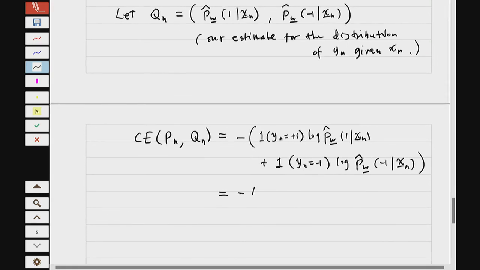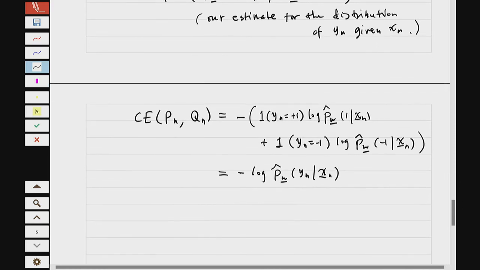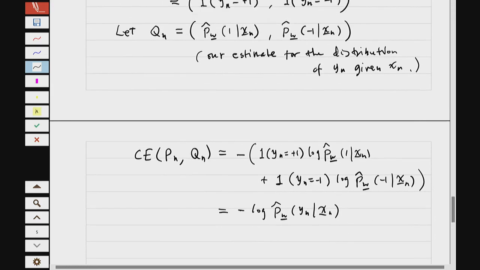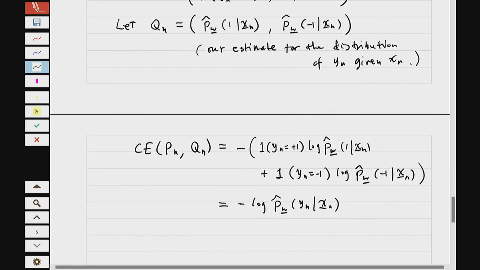So this is actually minus log of p-hat of yn given xn.